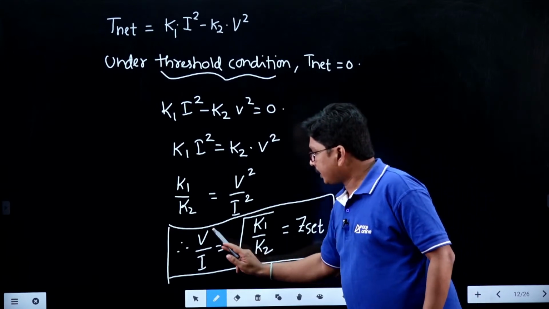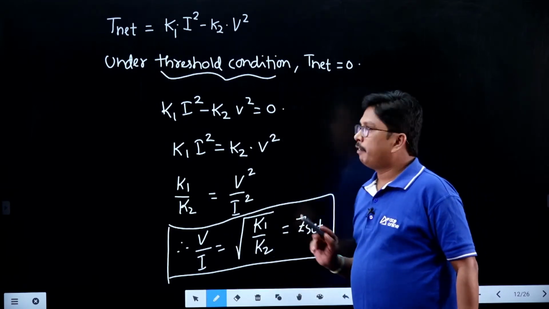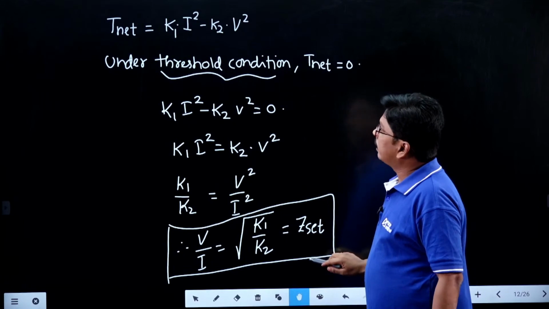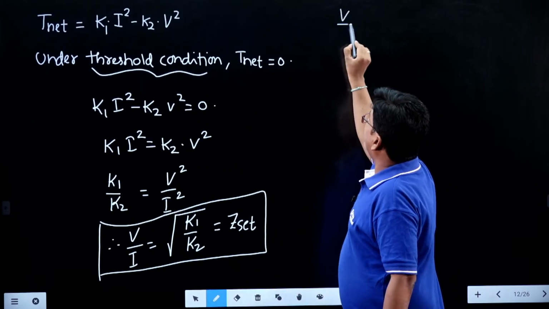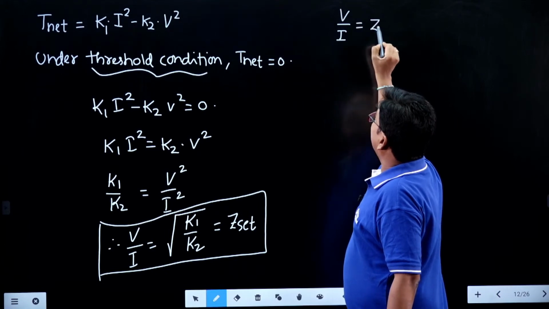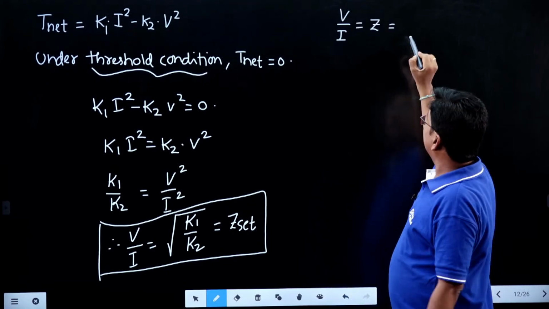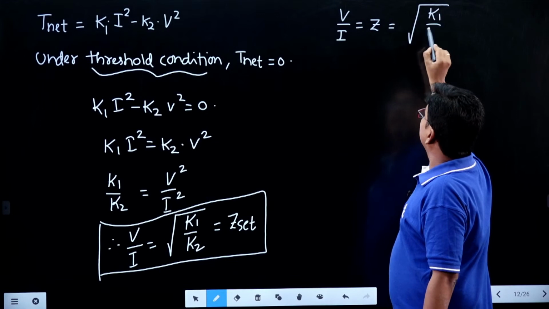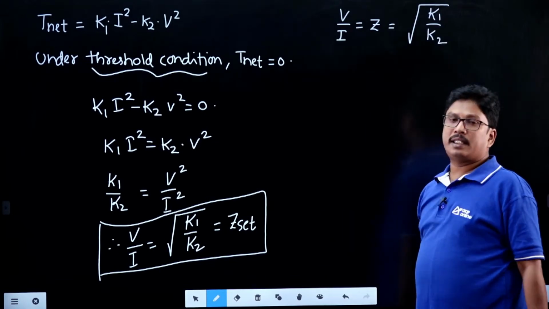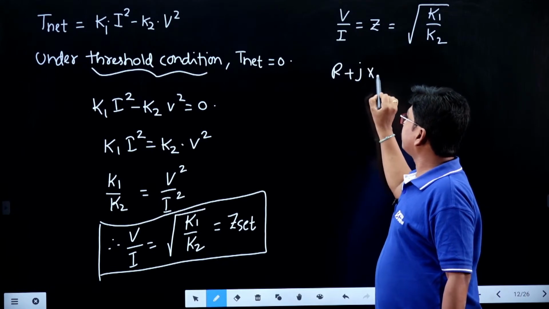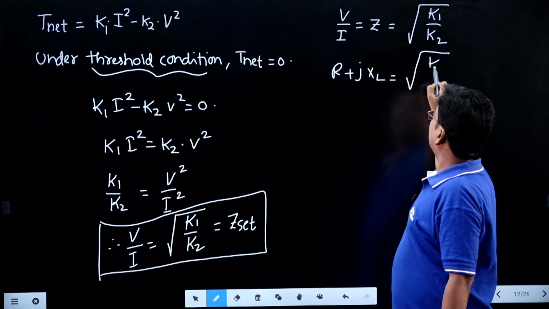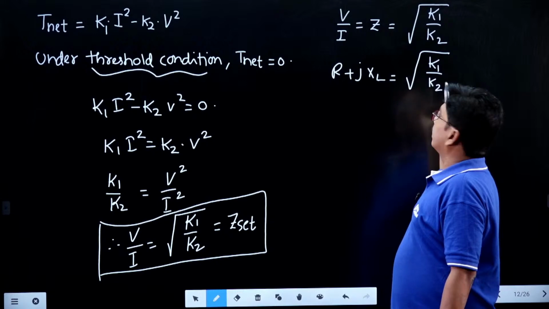Now just check here. What is the V by I ratio? V by I ratio is nothing but the impedance Z, which is nothing but under root of K1 by K2. What is Z, students? Z is R plus JXL, which is nothing but under root of K1 by K2.